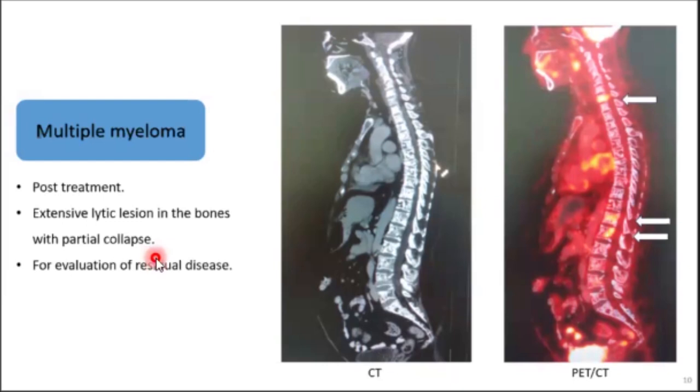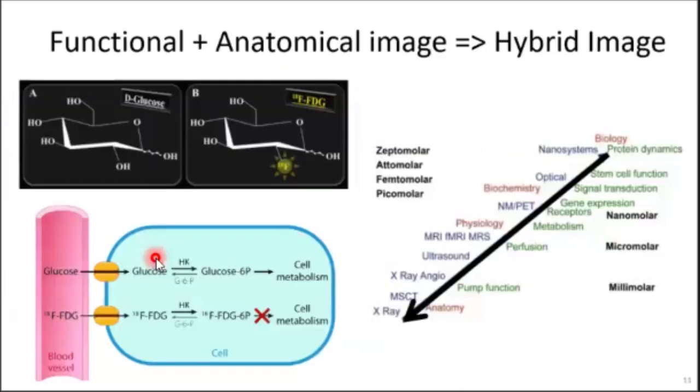So in both these cases, we used FDG as the radiopharmaceutical. Now I'll tell a few words about FDG. FDG is a radiolabeled glucose analog where the hydroxyl group at the C2 position is replaced by radioactive fluorine-18 isotope. 18F-FDG is taken up by cells through GLUT transporters and phosphorylated to 18F-FDG-6-phosphate, which finally gets trapped inside cells.